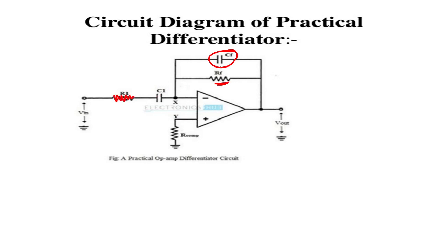So here we are introducing one capacitor in parallel with this RF, and one resistor in series with this capacitor, and applying voltage at the inverting input. The non-inverting input I will connect to the ground via one resistor. This is called the compensator resistor, and the output is taken across this.